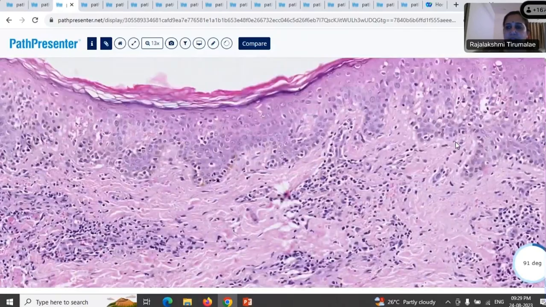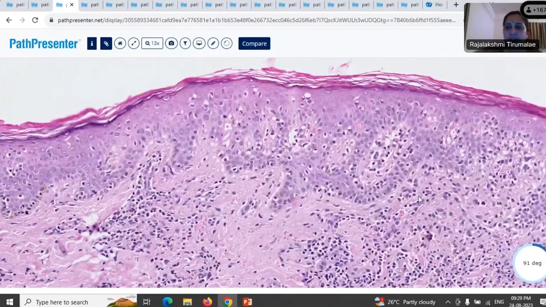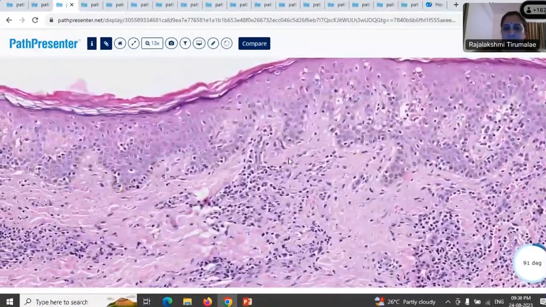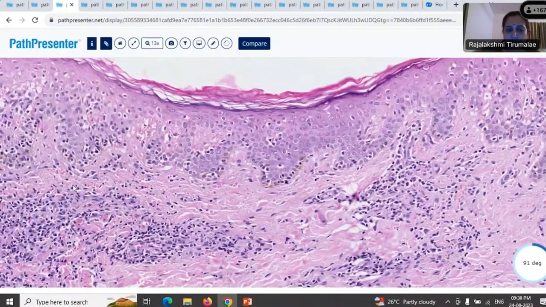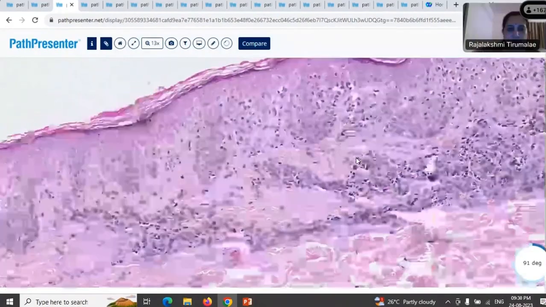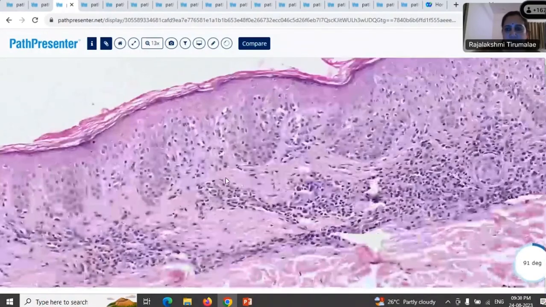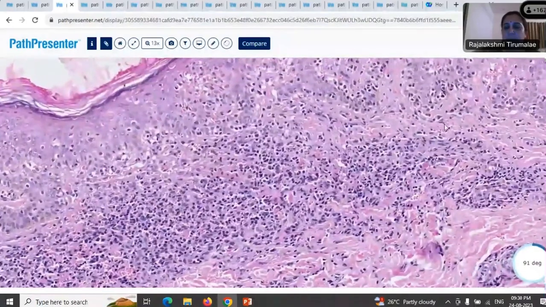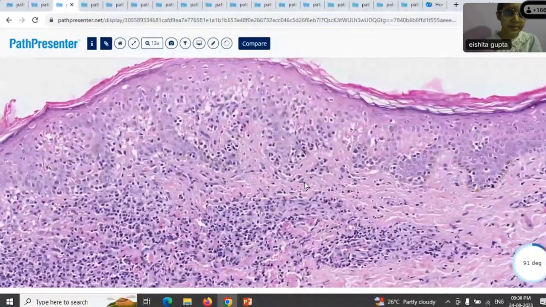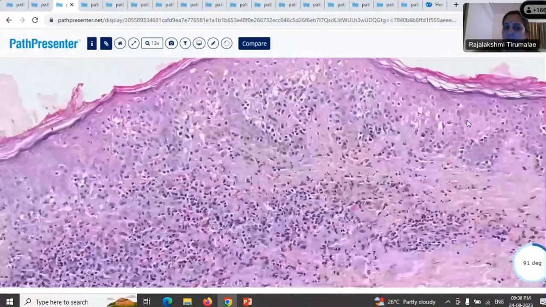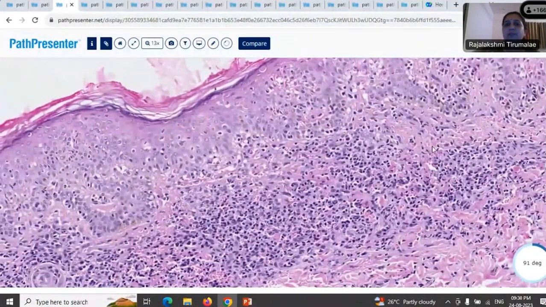Are you seeing interface changes? I'm showing you the entire breadth of the epidermis. You're seeing lymphocytes, but are you seeing spongiosis and interface dermatitis? Are you seeing basal vacuolar alteration? Are you seeing necrotic keratinocytes? Are you seeing intercellular edema? No, right? You're not seeing any of those changes.